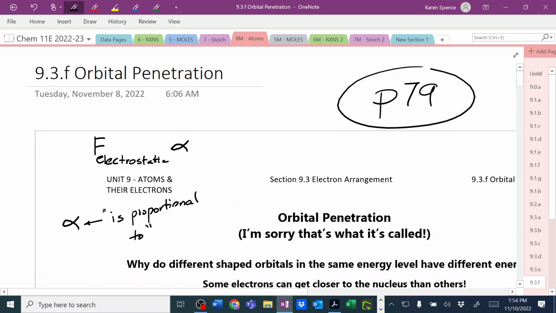What makes an electrostatic force bigger? Not more mass. Mass makes gravitational force bigger. Charge, more charge. So charge works for electrostatic force like mass does for gravity. Okay?